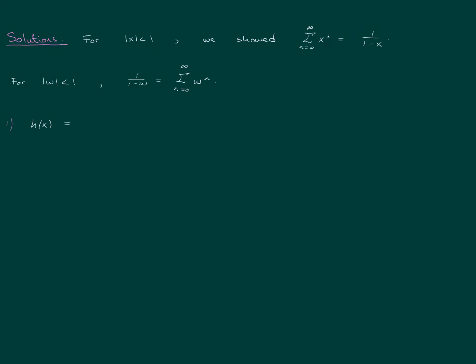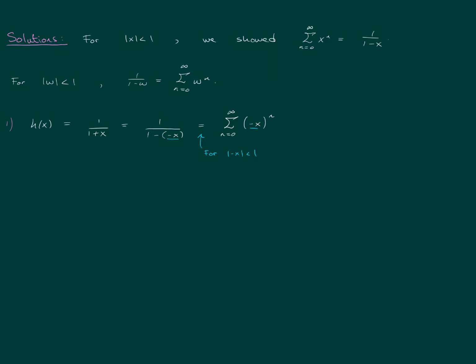So let's solve the first problem. h of x is equal to 1 over 1 plus x. I can rewrite this as 1 over 1 minus minus x. Now, this is the sum of minus x to the n, n goes from 0 to infinity. When is this formula valid? Well, the thing I want to plug in is minus x, so I need that minus x has size less than 1.